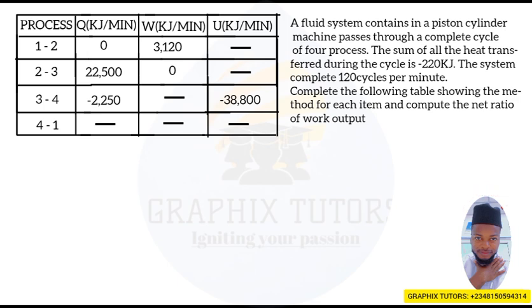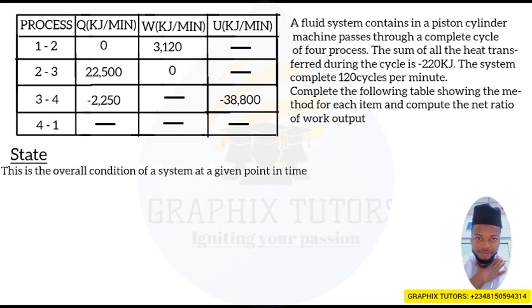So this is what we have here. Now, if you look closely, we need to understand the parameters that are given here. Now, we are given a state. The state is the overall condition of a system at a given point in time. That means 1 is state 1, 2 is state 2, 3 is state 3, and 4 is state 4.